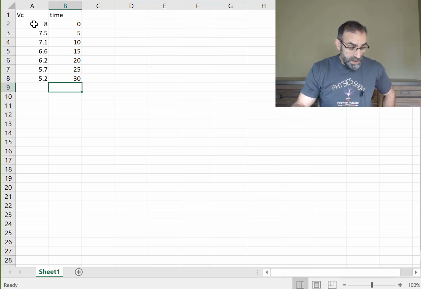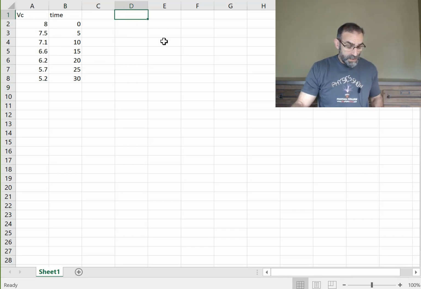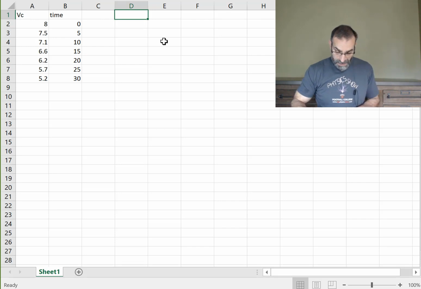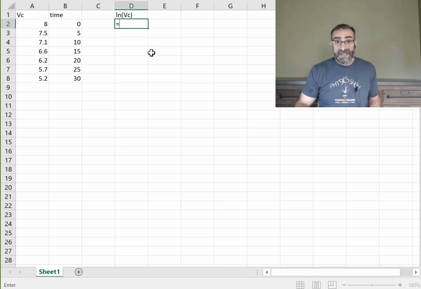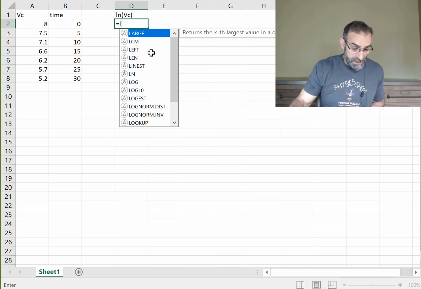And what I want to do is create a column called natural log of V. And so you start out with an equal sign. That tells Excel you're inserting a formula there. And then, let's see, I've got ln. Oh, look at that.